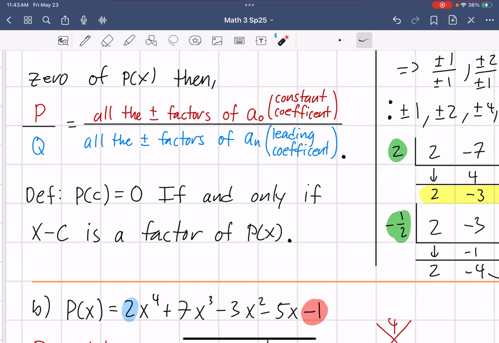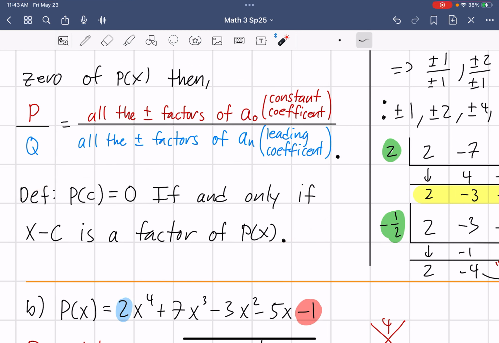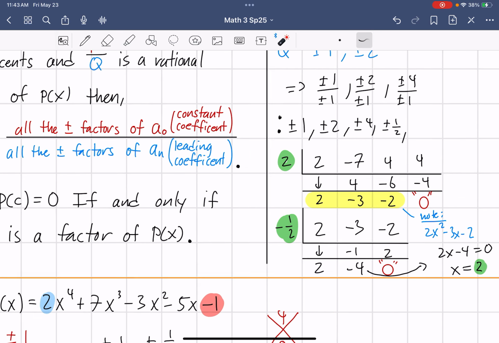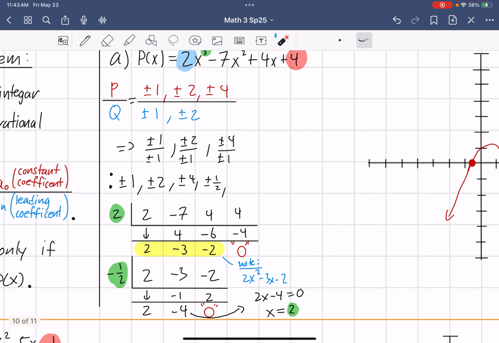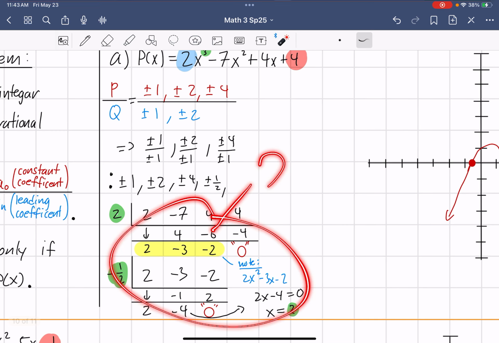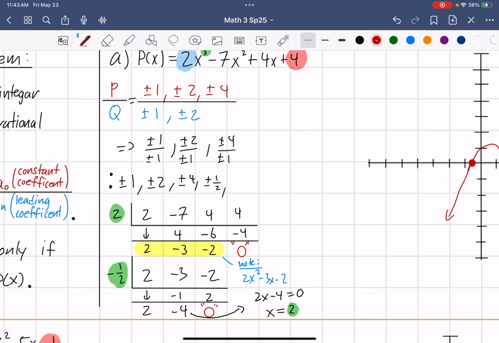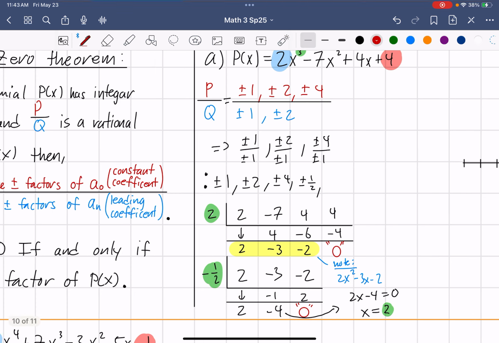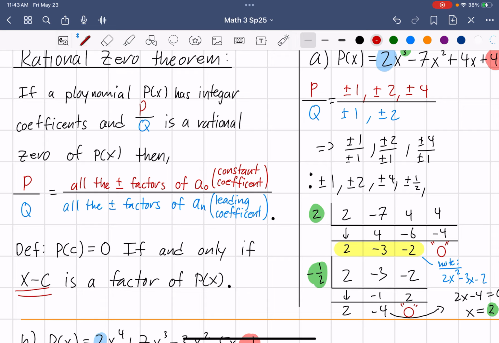And then this definition here says P of c is 0 if and only if x minus c is a factor. So like I said, with synthetic division, we find our zeros, then we can find our factors, which, again, the factors are in the form of x minus c.